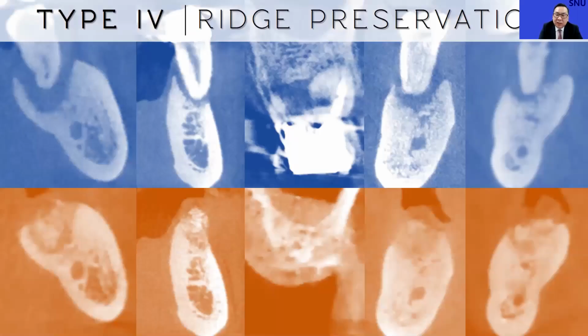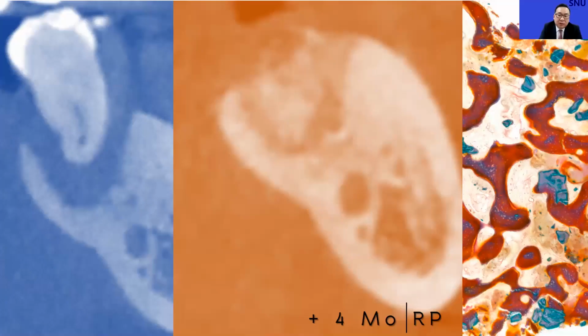The cases you see in blue are before extraction, and in brown are the ridges 6 months following extraction and immediate preservation. And these are the results. I would like you to see the beautiful histology obtained with the biopsy cores, and nice results at 4 months, even in these very compromised situations.